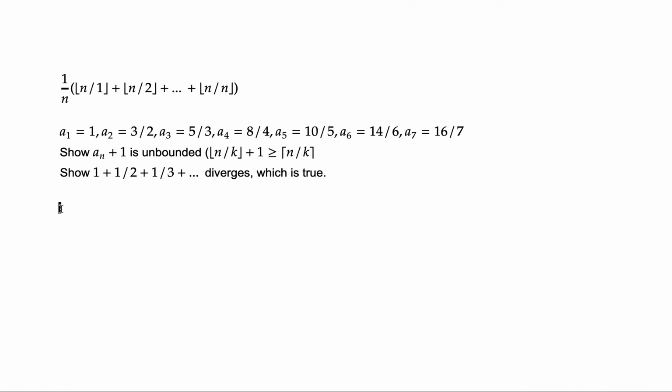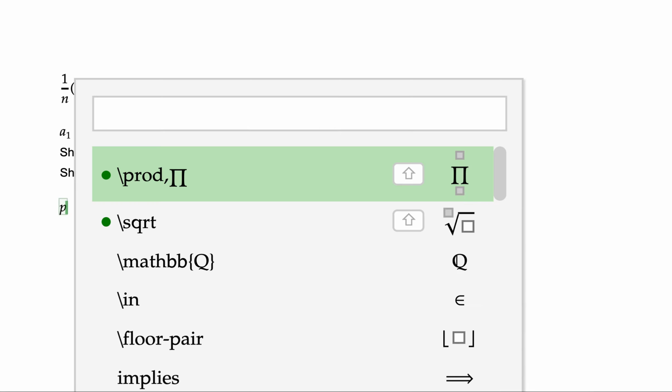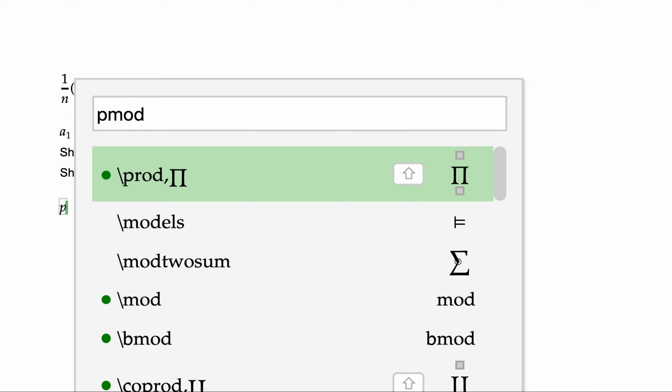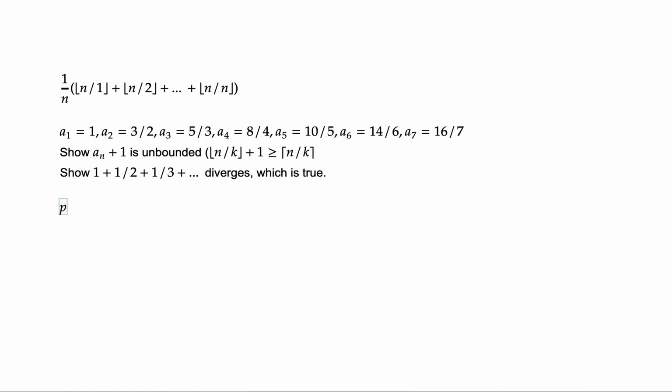I was thinking for a second that one thing we could try is considering p mod a prime q.